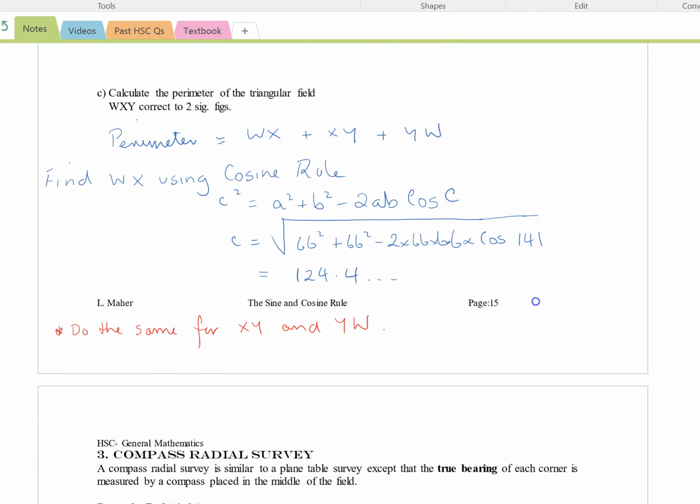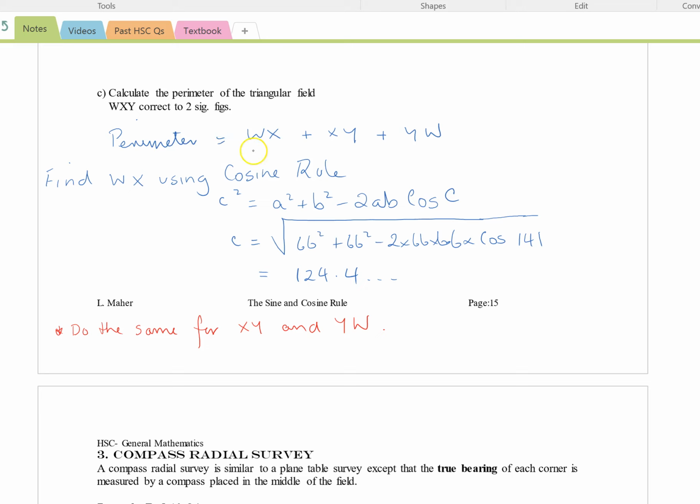Now, part C asks you to calculate the perimeter of the triangular field. I'm only going to do one side because the process required to find the other two sides is exactly the same as this process.